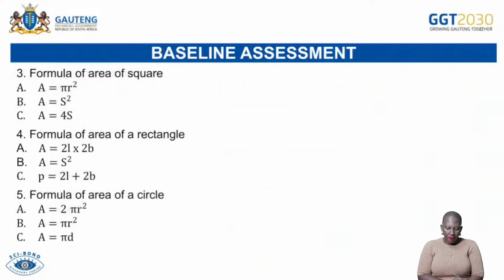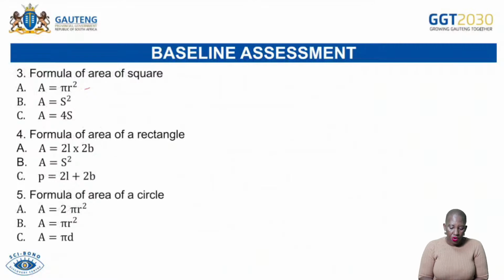Now let's go to number 3. Formula of area of a square. What is the formula of area of a square? Is it pi r squared, or is it s squared, or A equals 4 times S, where S stands for the side?